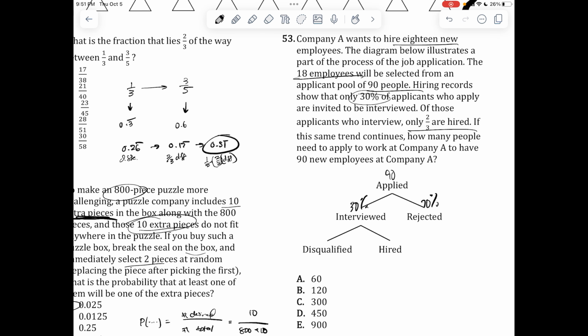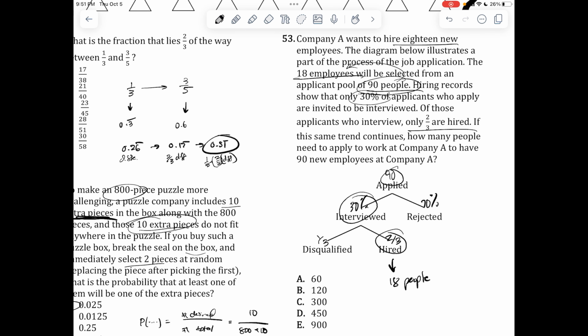Of those applicants interviewed, only 2/3 are hired. That means 1/3. Okay. So if you take 90 and then you do 30% of that and then 2/3 of that, then you actually get hired. So that's a total of, again, 90 times 0.3 times 2 divided by 3. That's about 18 people.